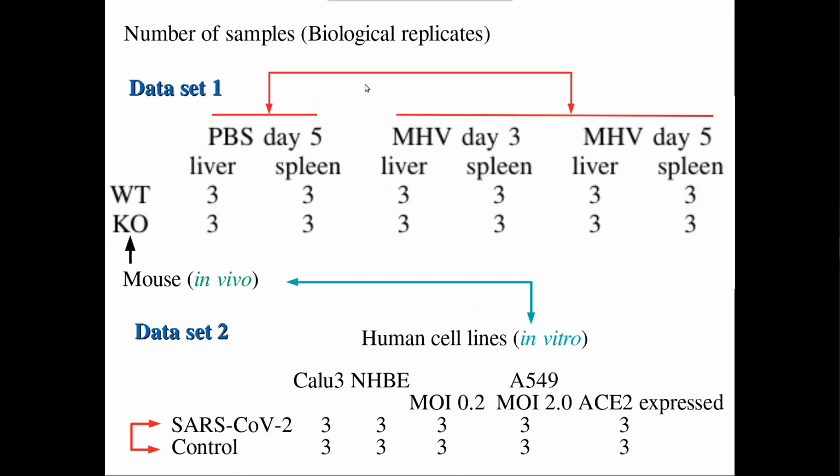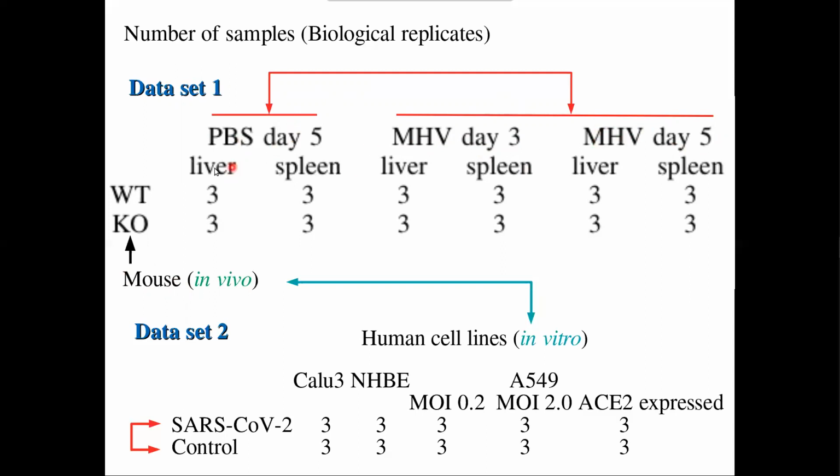These are the two datasets I analyzed in this talk. The first one is an in vivo dataset of mouse infected by MHV. MHV is an analogous coronavirus, which is infectious to mouse. There are two datasets, 3 days after MHV infection and 5 days after MHV infection, and control.